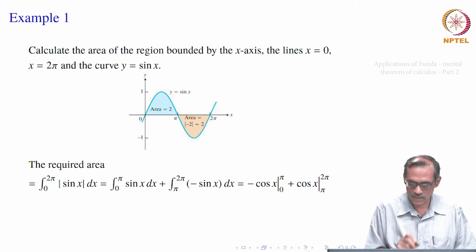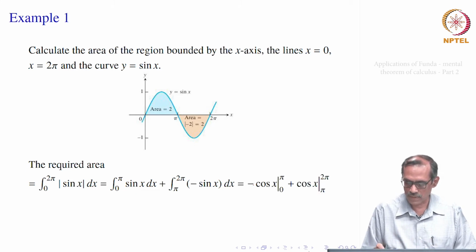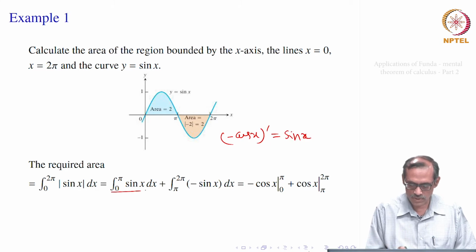Now, we integrate them. So, using our fundamental theorem, we know that if minus cos x is your function, then its derivative is equal to sin x. So, the integral you see here is equal to the integral 0 to pi of the derivative of minus cos x dx.